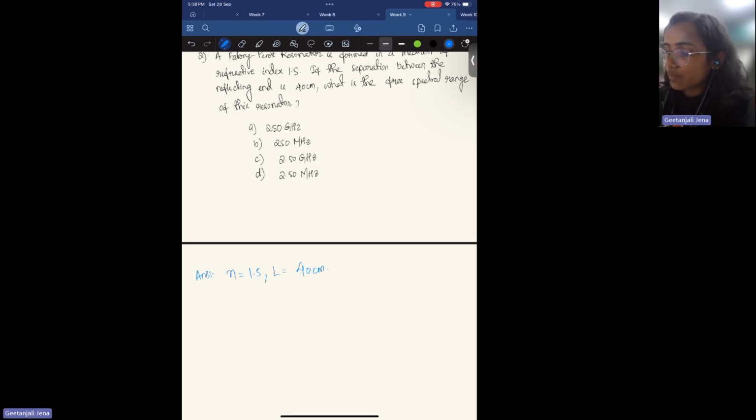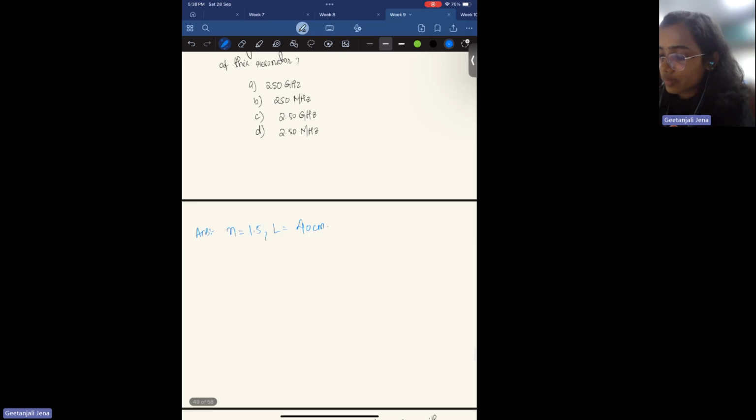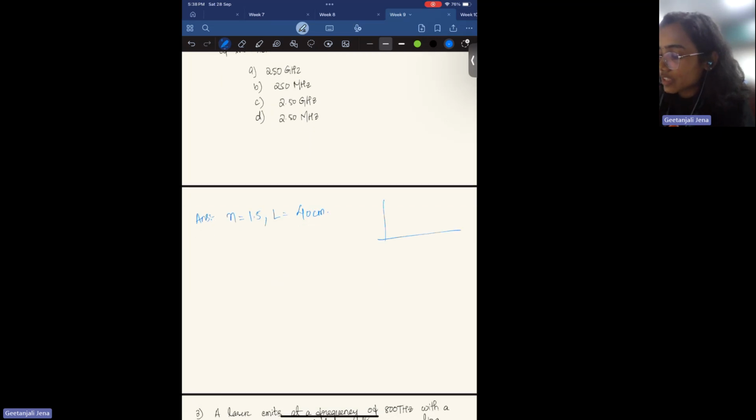Then the free spectral range. So what is free spectral range? This is the separation between the adjacent modes. And if you recall for Fabry-Pérot, nu_P is given by P c divided by 2 n t cos theta. n is the refractive index, t is the spacing between the etalon, P is an integer, and cos theta is the tilt angle.